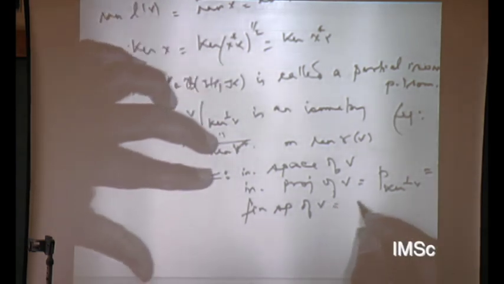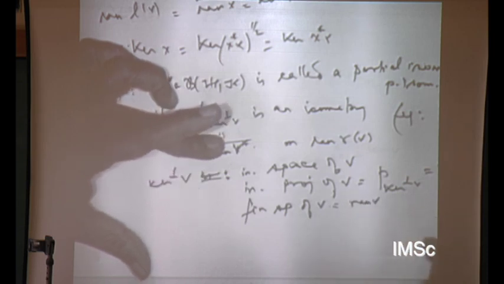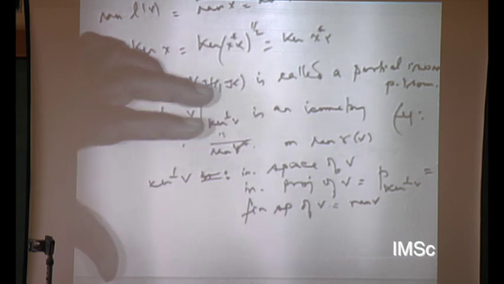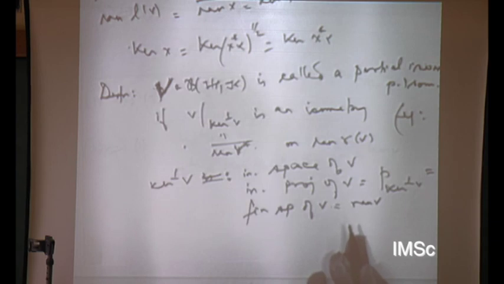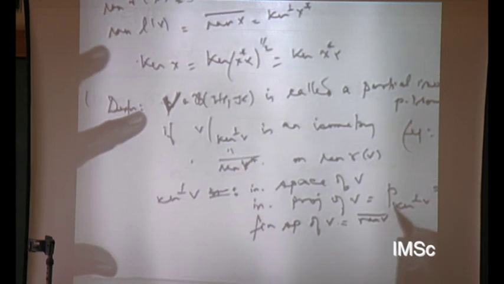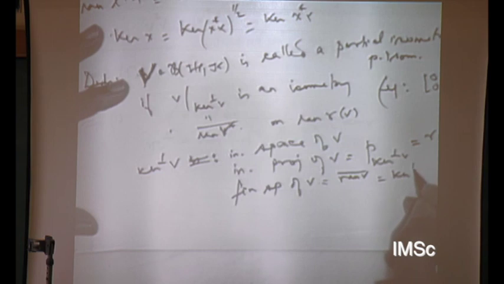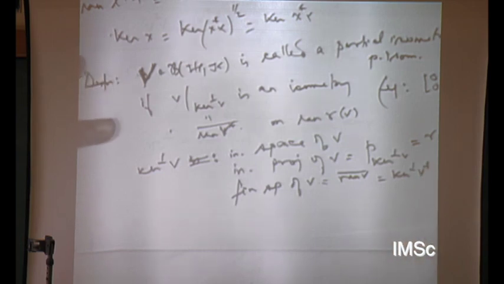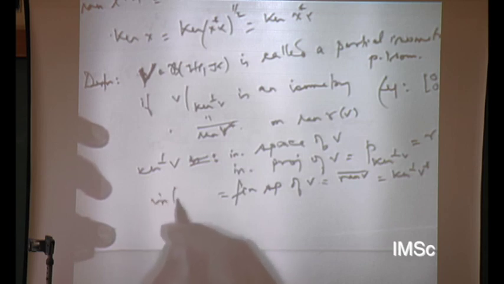So this is going to be the range of V. Right? But range V is closed because V is an isometry on its initial space. So this is equal to range V closure, which is equal to kernel perp of V star. Right? That means that this is just the initial space of V star.